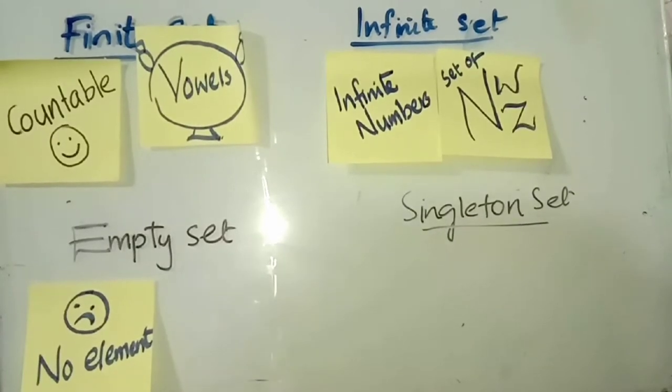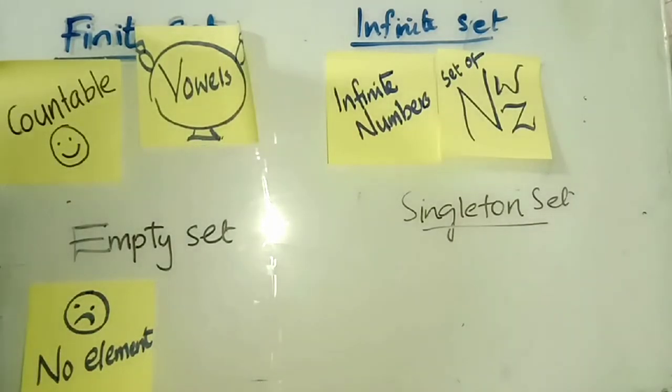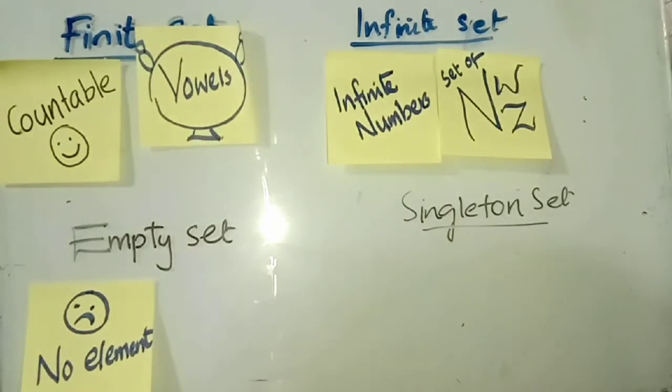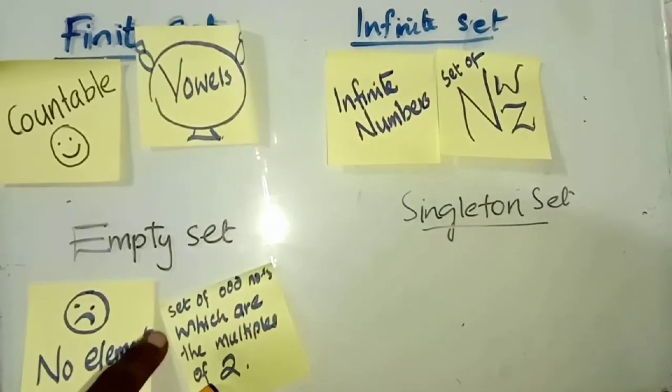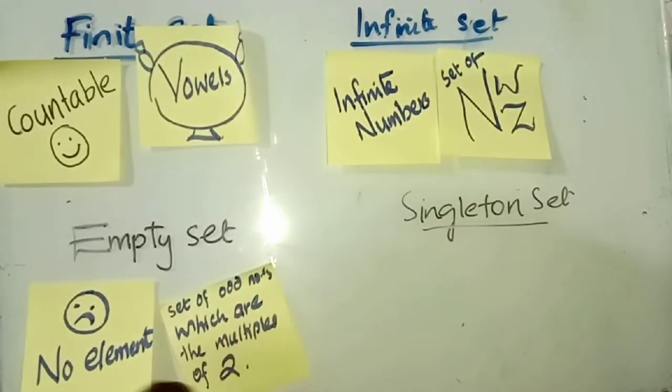What if a set has no element in it? Such sets are known as empty sets. A set which has no element in it. You might be surprised. Is there any set without any element? Let's see. Just find a set of odd numbers which are the multiples of 2.